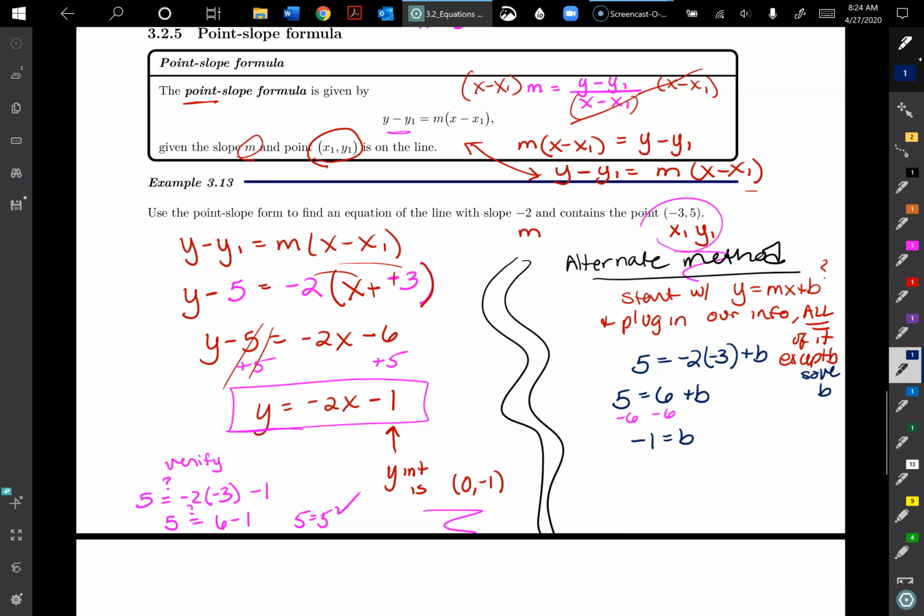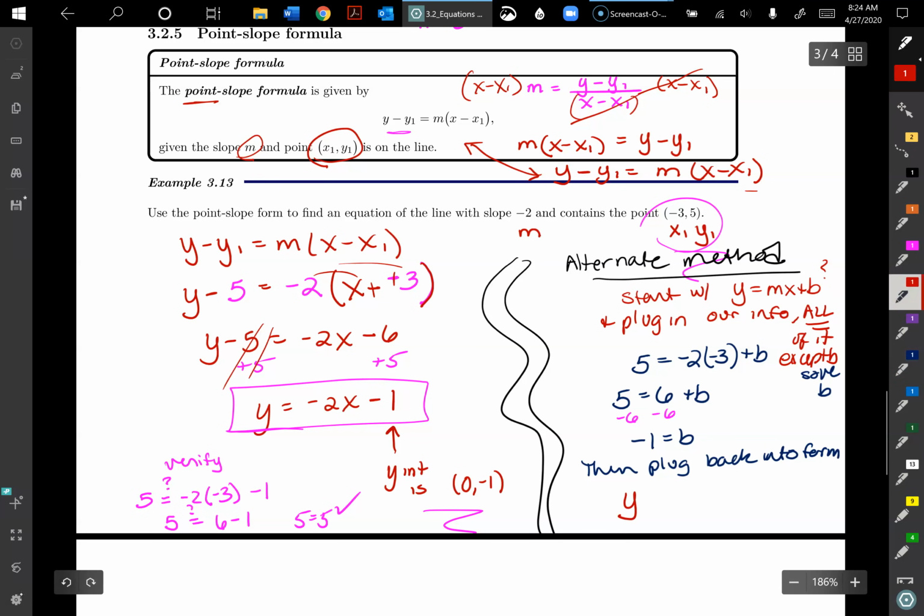So now we know we can plug back into the generic form. And we can write the y as just plain y equals the m we do want to sub in as our negative 2, right? X is just the plain x. And then we add that negative 1, plus b, but it's minus. And we get the same answer.